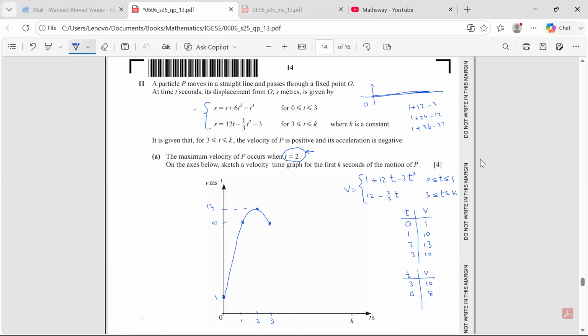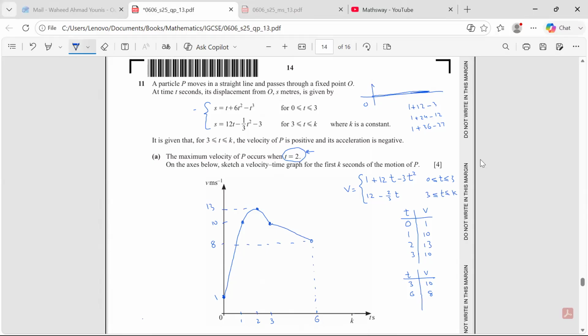So 3 is here, and 6 is somewhere here, right? So it goes straight like this, and this point is 8. I'm not able to make things according to scale, but you can have some idea.